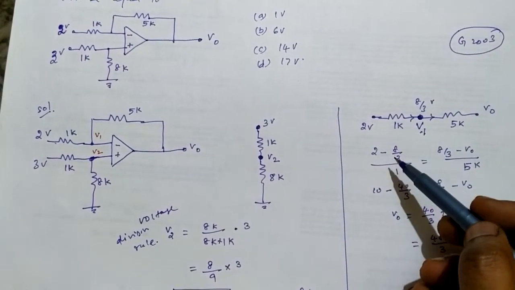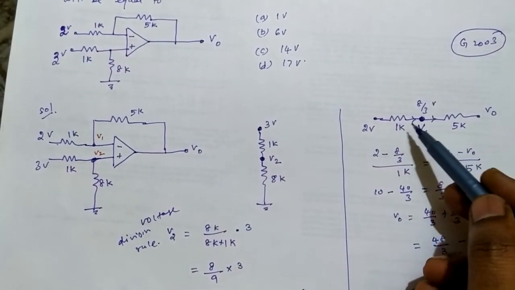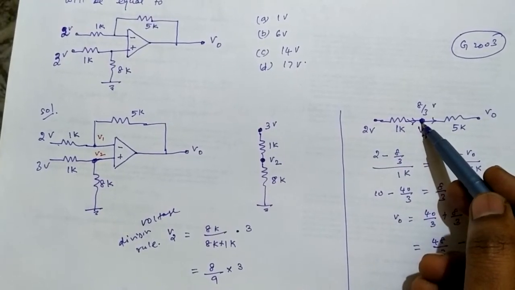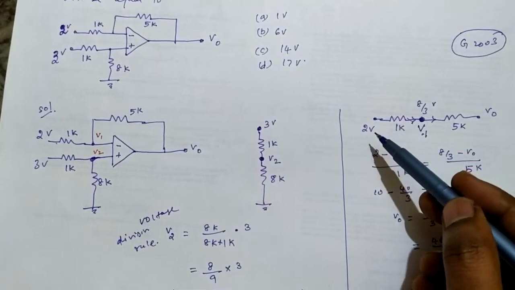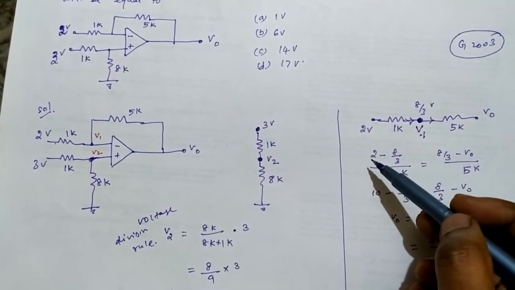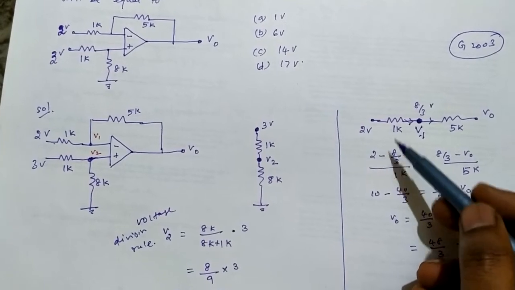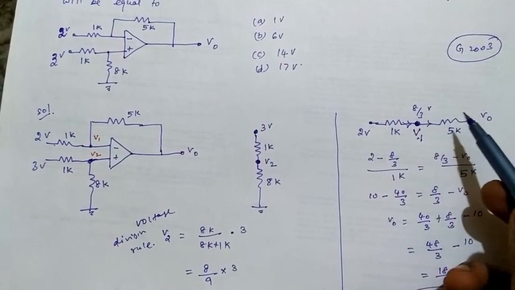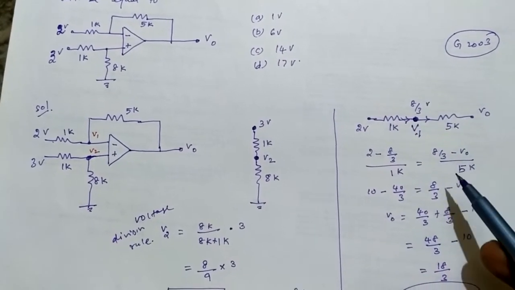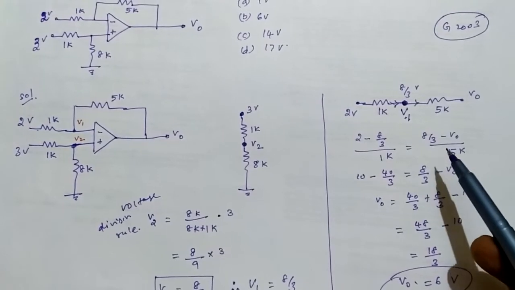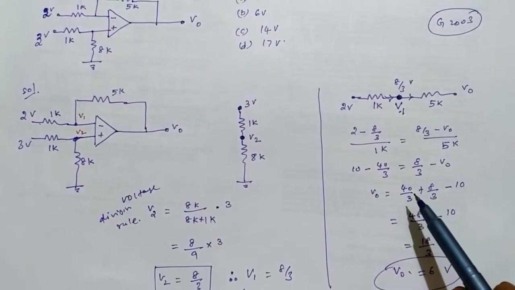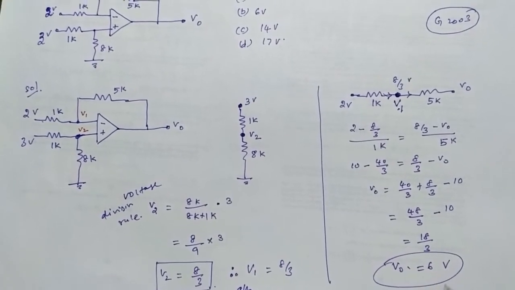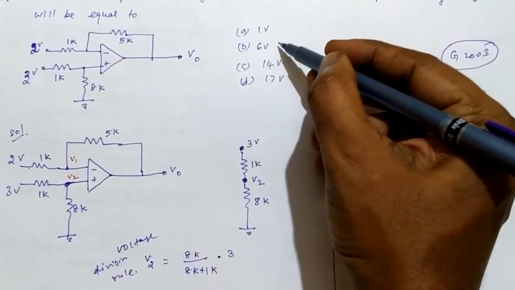Both currents are the same. At this node V1, incoming is equal to outgoing. Incoming current is 2 minus V1, with V1 value 8 by 3, over the 1 kilo ohm resistor. The outgoing current is 8 by 3 minus V0 divided by 5 kilo ohm. When we simplify, we get V0 equal to 6 volt. This is the answer.